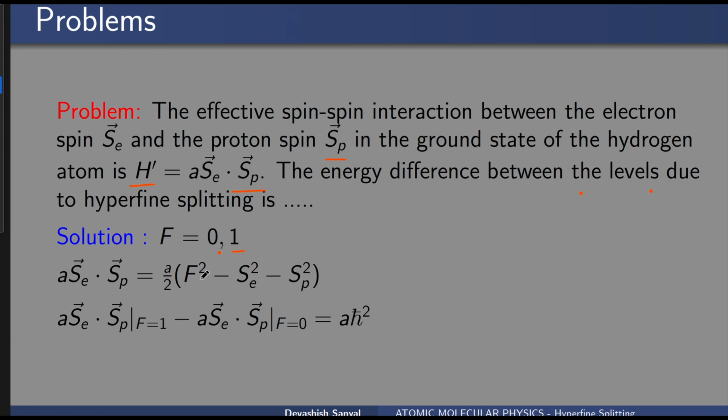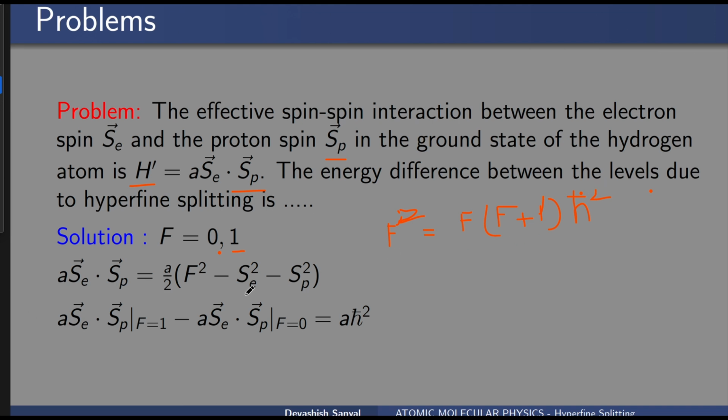By F square I mean F into F plus 1 h bar square.